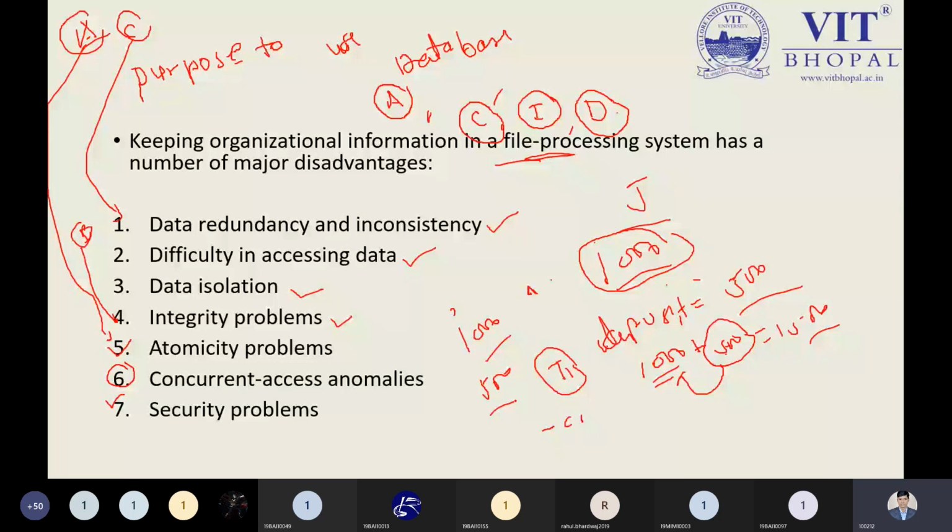This also happens while booking a ticket on IRCTC. After booking the ticket, if I pay the amount and the transaction fails, some amount is debited from my account but my ticket is not booked.